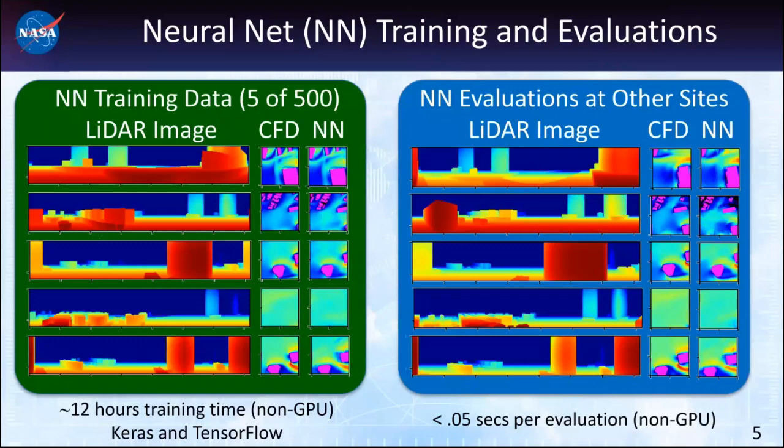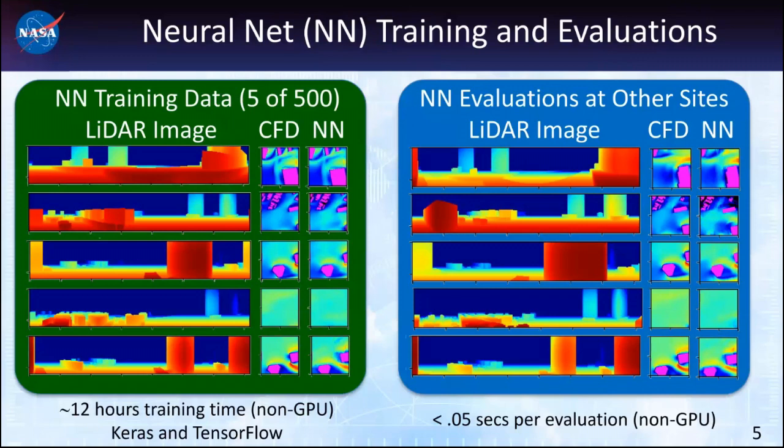The column labeled neural network, NN, is after we've trained the neural network, and we're comparing that with the exact CFD answer. And honestly, if you squint a little bit, it's kind of hard to differentiate the two.